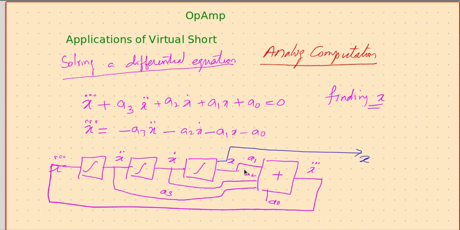Now what is the advantage of working this way? Each block can be very easily generated. The integrator can be generated just by one operational amplifier, one series resistor, and one shunt feedback capacitor. So we have integrator blocks.